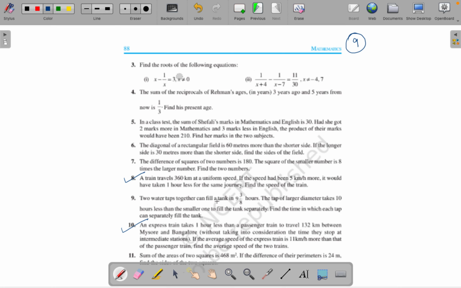2 water taps can fill a tank in 9 3 by 8 hours. Now, what is happening is 2 water taps are filling the tank in 9 3 by 8 hours. This is a mixed fraction, children.